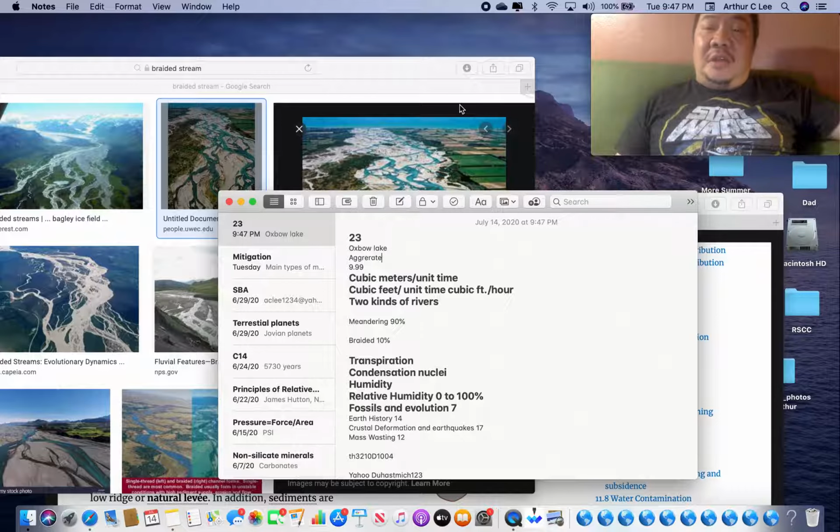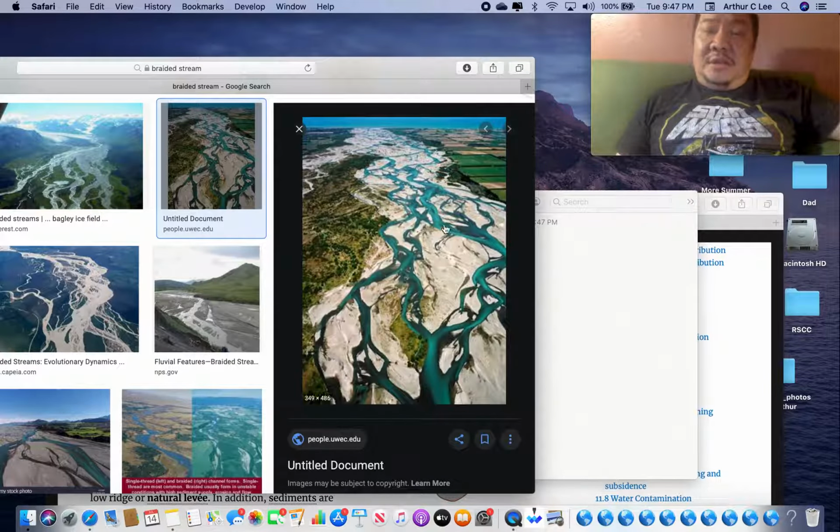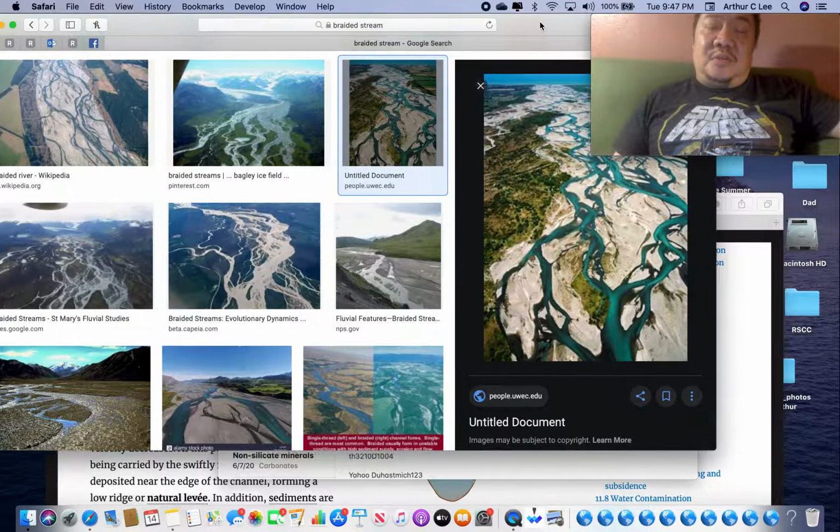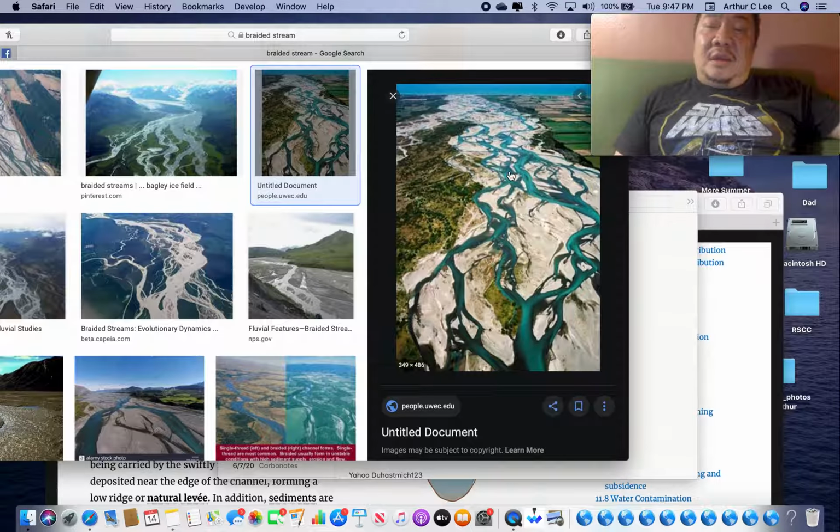Well, that's what concrete is made of, right? So this is a mine to make concrete, which is used in lots of construction projects. Do you think that the water looks more shallow in braided streams compared to meandering ones? Yes, the water is more shallow in the braided streams.